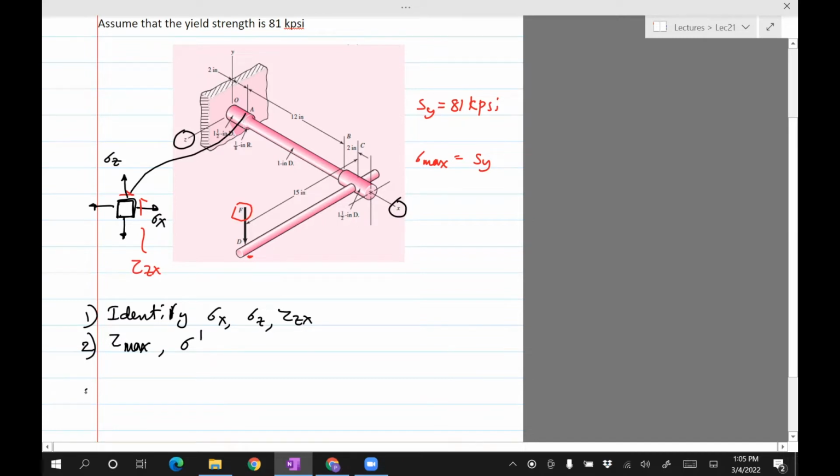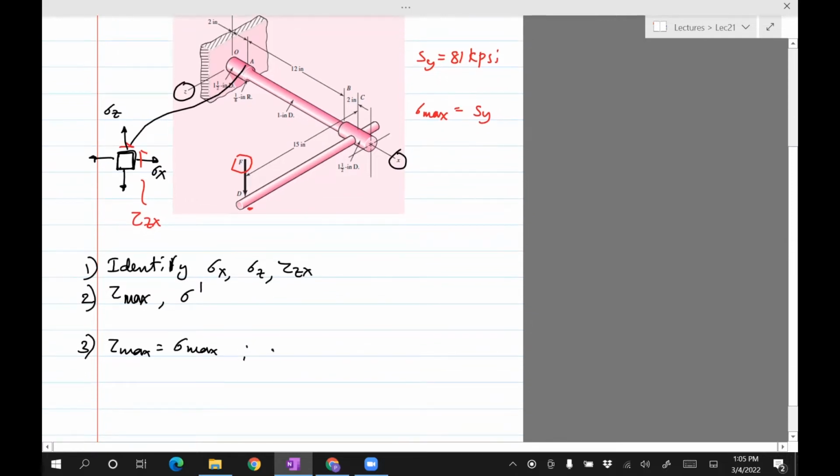And then of course, if things are not to fail, then the maximum shear stress will be tau max, and sigma prime would be sigma max, where sigma max is equal to SY because the factor of safety is 1. Okay, so this is basically the framework. The part which is, I think, the hardest is number 1.